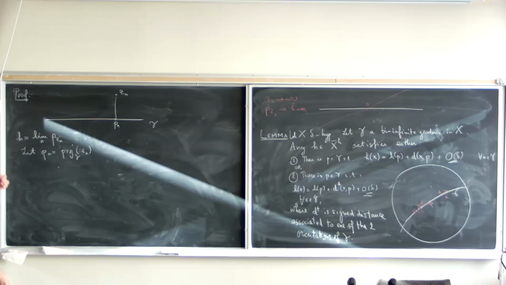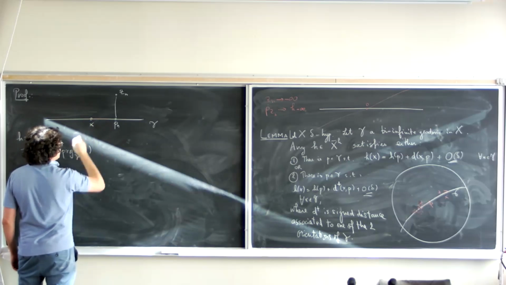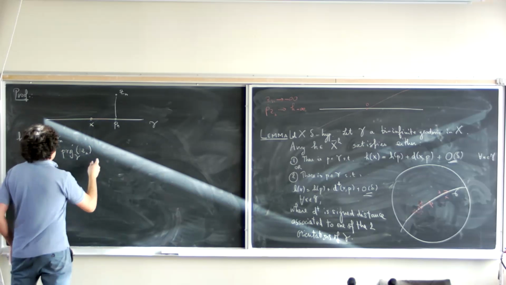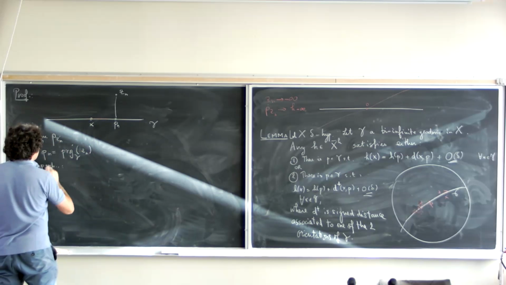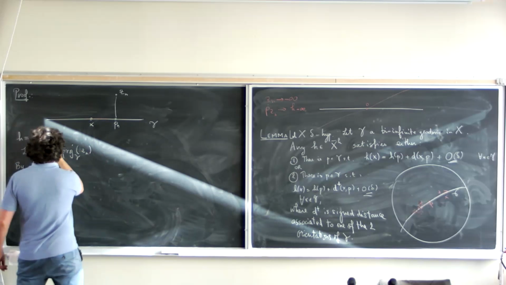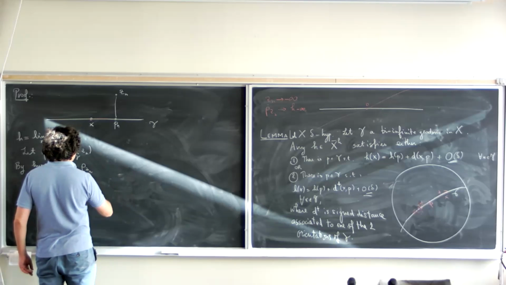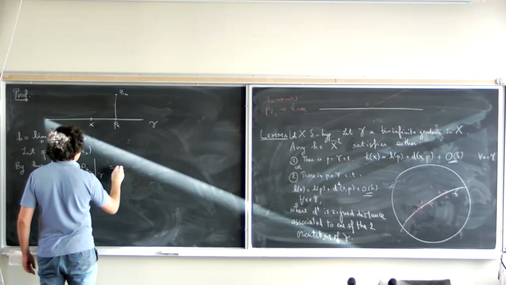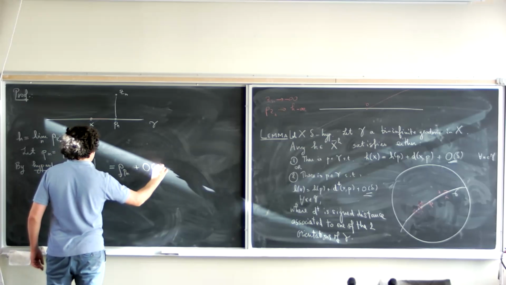What you have to realize is that by hyperbolicity, rho of Zn restricted to gamma is basically rho of Pn plus O of delta.